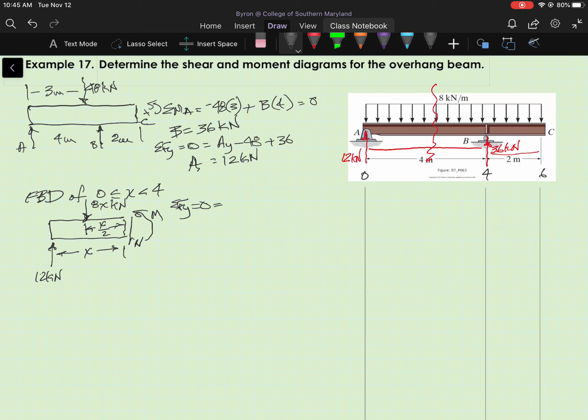I'm going to have the 12 kilonewtons minus 8x kilonewtons minus V, okay, I'm assuming that forces acting in the upwards direction are positive, and I solve that for V, and I get V equals minus 8x plus 12.